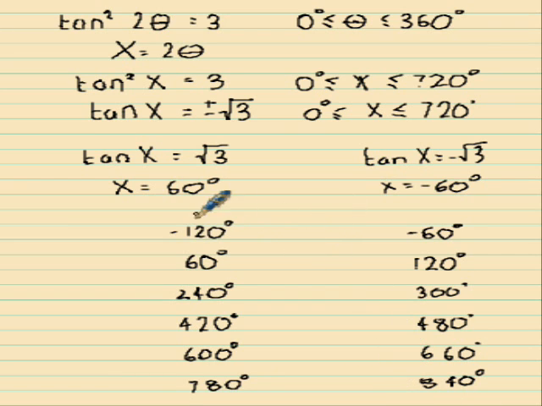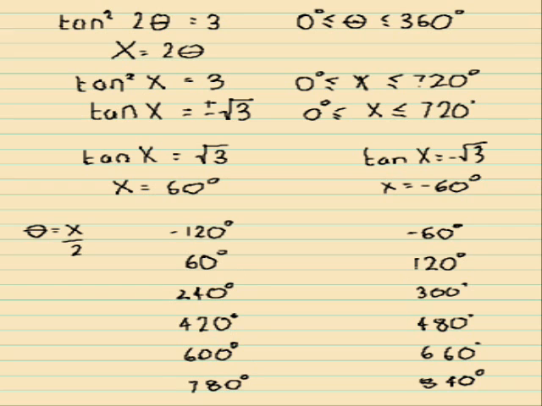Now again, what we found is x. We've solved this equation in terms of x, but it's actually theta that we need to solve. So as long as we remember this substitution here, we know theta equals x over 2. So in other words, I'll just halve these solutions.